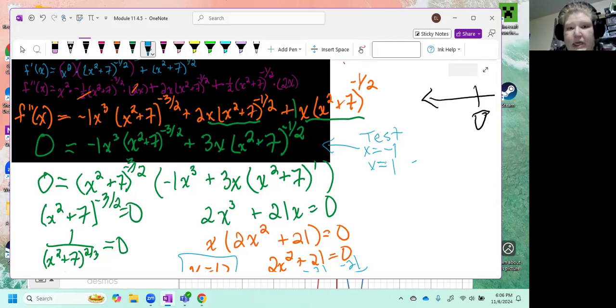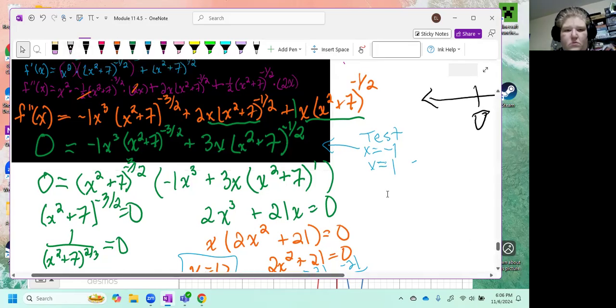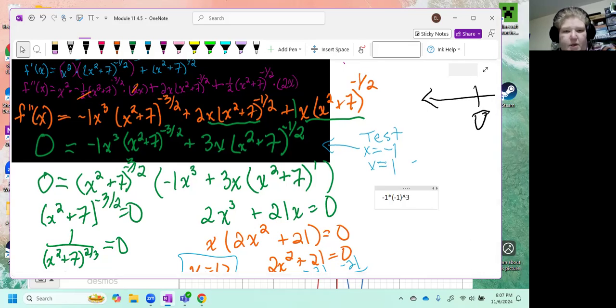Over here, the x squared plus 7 to a power, that's all positive, times a negative. Now it gets more interesting. Now I gotta wonder if I can convince the calculator to take this: power times -1 squared plus 7 raised to the -1.5. Maybe it'll take that.